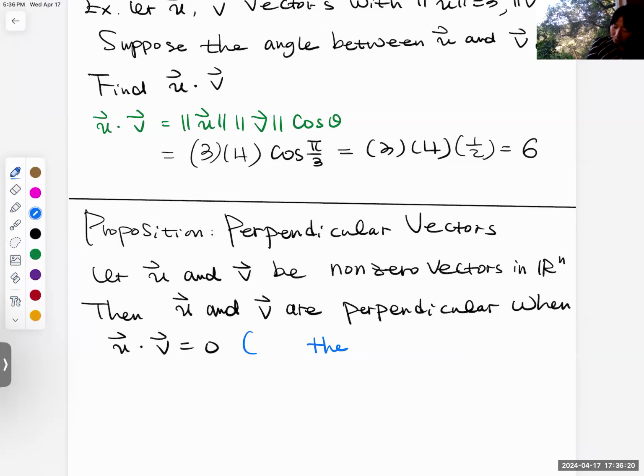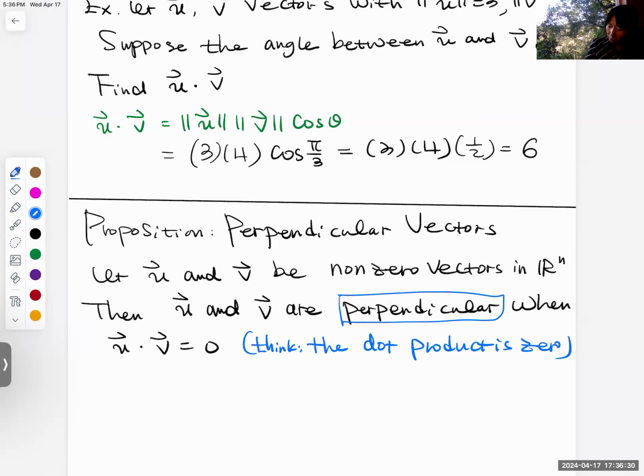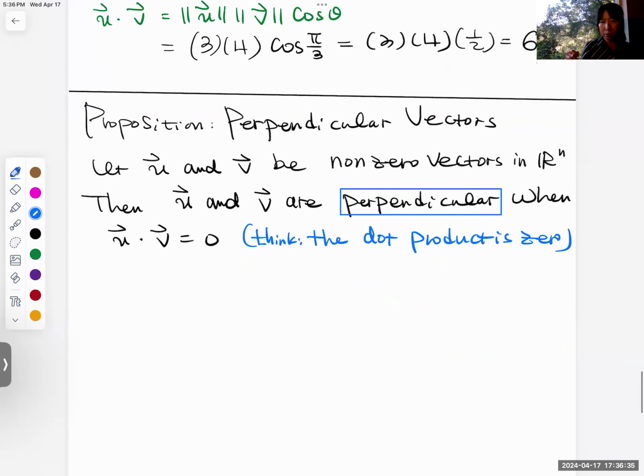Think, the dot product is 0, perpendicular. Yeah. So if you take calculus 3, you will use that a lot. Perpendicular, dot product is equal to 0. Okay. All right.